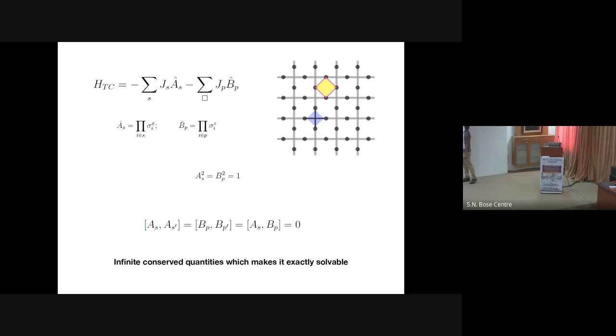The sigma z and sigma x here anti-commute, the sigma z and sigma x here anti-commute. So two anti-commutations lead to the fact that the A operator and the B operator on adjoining plackets and sides also commute. And this is true for arbitrary settings. So what we have is basically an infinite set, or order n set, of conserved quantities, which makes this problem exactly solved.